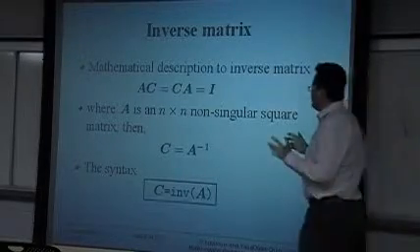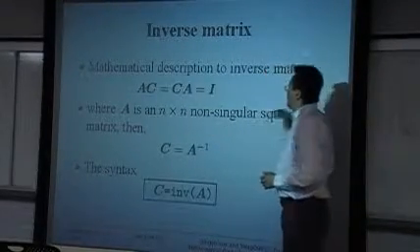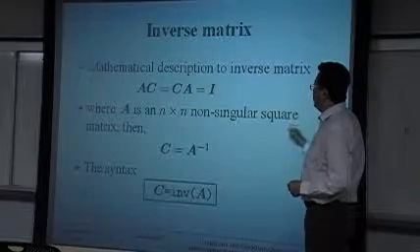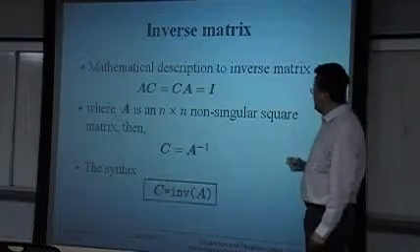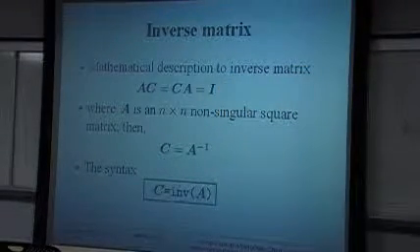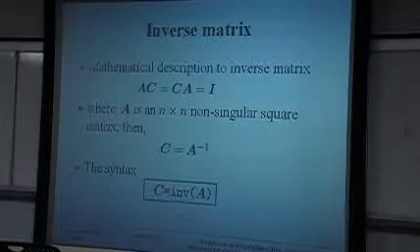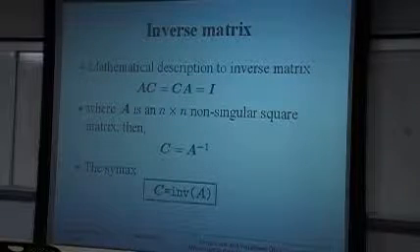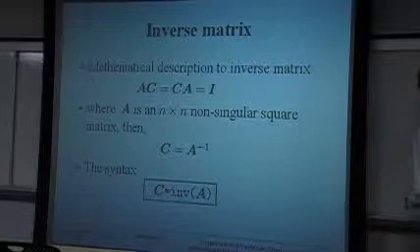And if the square matrix is a non-singular matrix, then we say that it will have an inverse, and the inverse is denoted like this. In algebra, I think you have already learned many ways to find the inverse of the matrix.